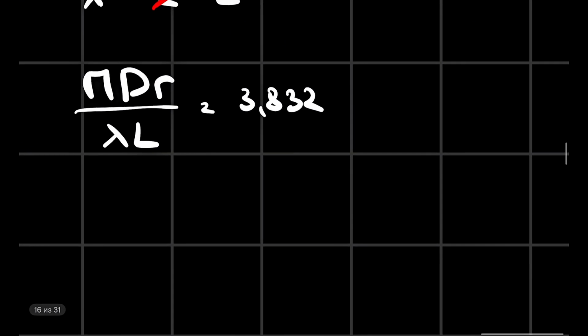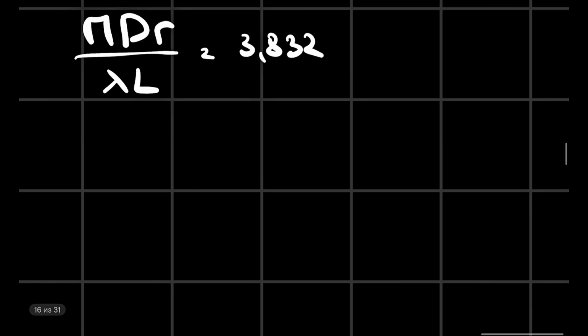If I move everything to the other side, then you see something like this. The formula for the radius would be 3.832 divided by pi.